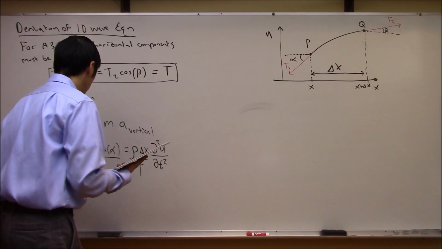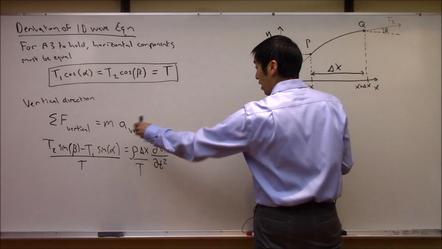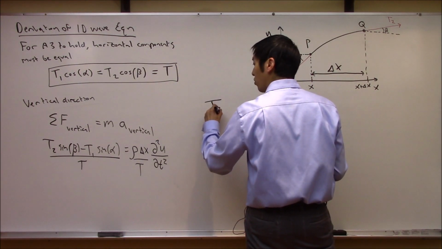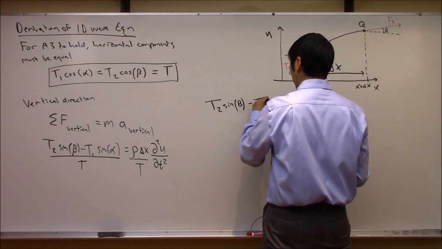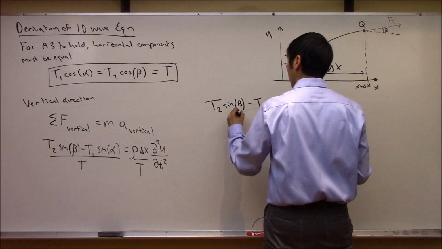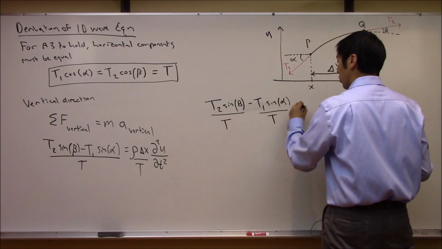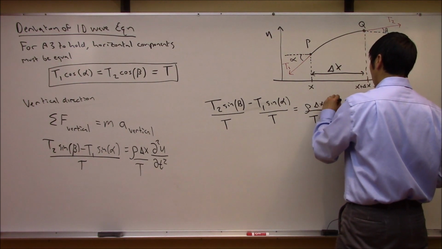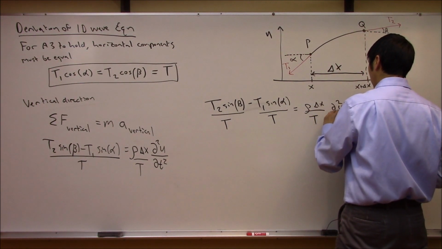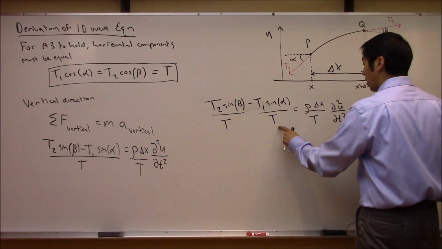The left-hand side is (T2 sine beta minus T1 sine alpha) divided by T, equal to rho delta x over T times the second partial derivative of u with respect to t. Okay, great.